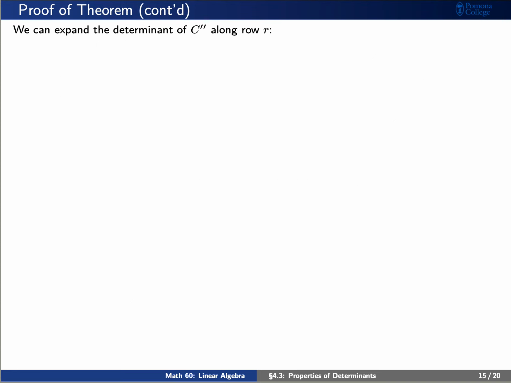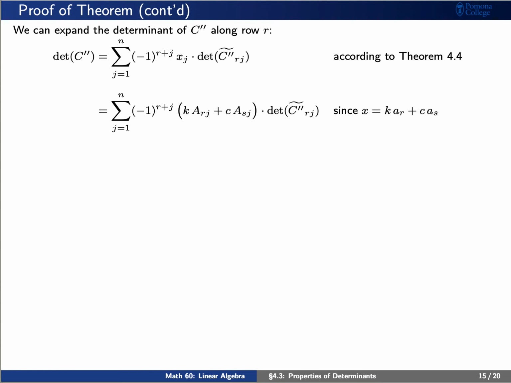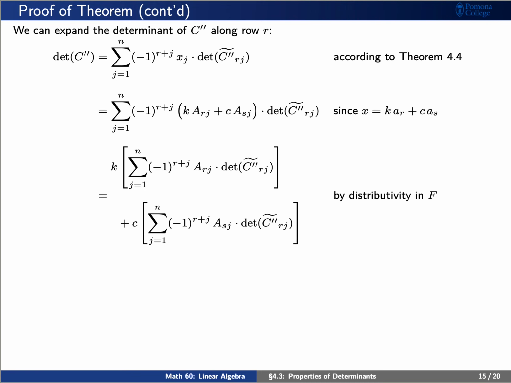Finally, we're going to expand the determinant of C double prime along row R. Remember that C double prime is obtained from A by replacing row R with x and row S with A sub r. So we have an expansion, just as we had before, where x we can write as k times A sub r plus c times A sub s. We then have distributivity, and just like before, we'll stare at these expressions here.